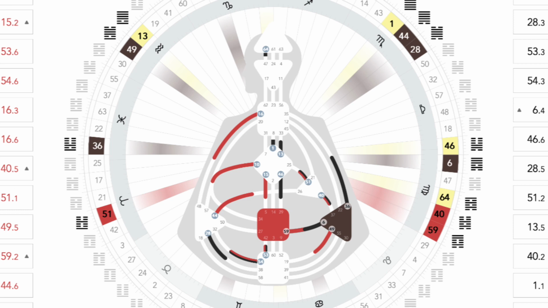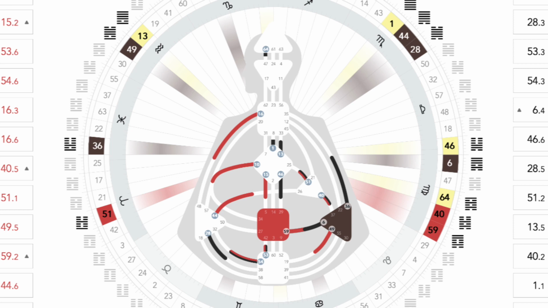And it's the interplay between the gates, the channels and the centers that make each of us unique. And when you work with somebody who's skilled in human design, that's what they interpret that starts to lead us to understand who we are.